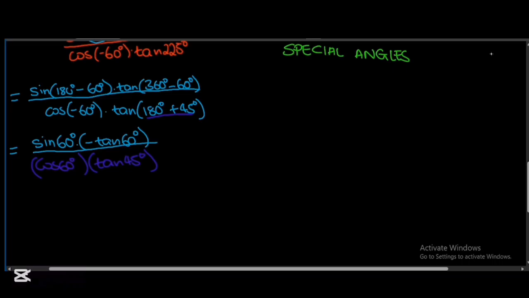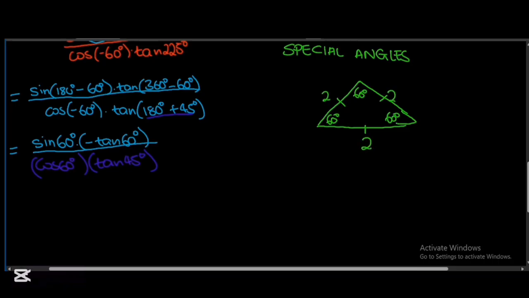Let us start with the first triangle. We are going to draw an equilateral triangle with all sides equal. Remember, an equilateral triangle has all sides equal and all angles equal. All sides will be equal to 2 units.